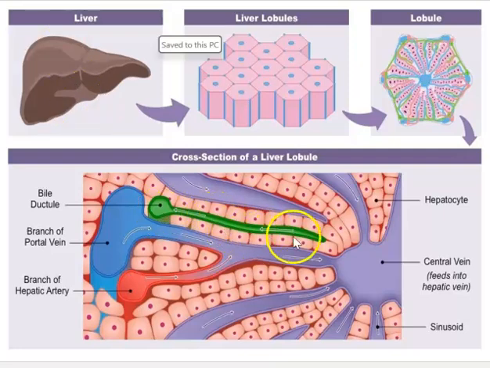This long green structure is a bile ductule, or it can also be referred to as canaliculi, which means a small canal or duct. And the last thing I want to point out is the central vein area, where everything flows towards and into, and it feeds into the hepatic vein.